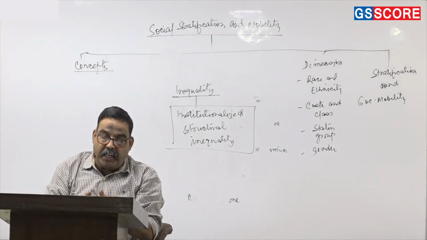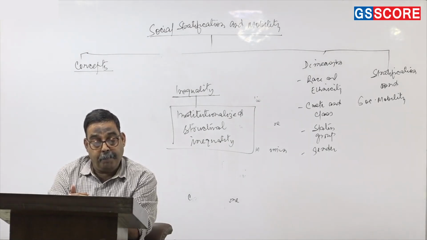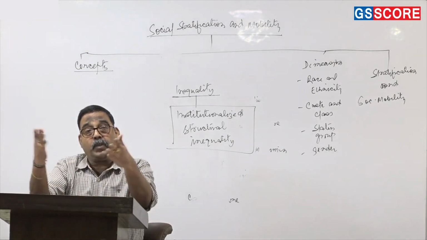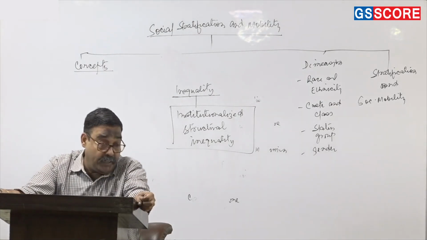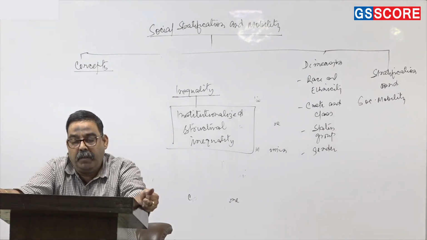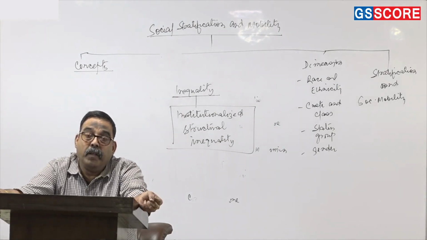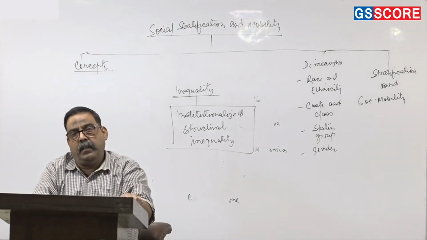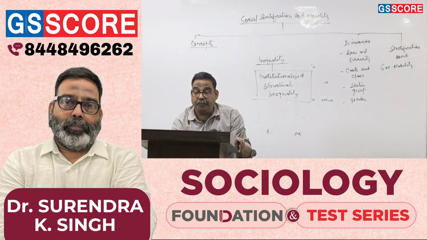So if inequality is there, inequality must be functional, and this must be functional for the society as a whole. If inequality is evident in a society in terms of social stratification, it must have a certain purpose. And in this very perspective, the first account, as I said, that of Talcott Parsons, seems to be a significant one.